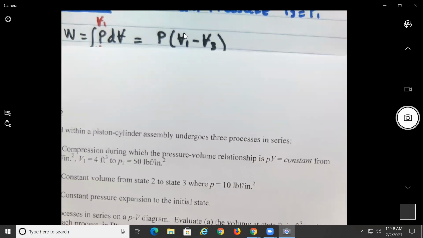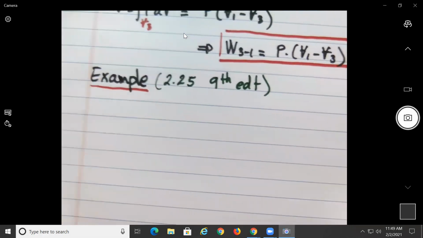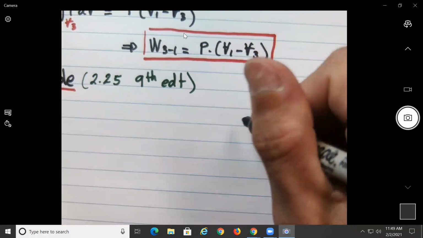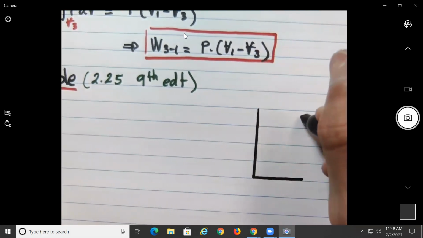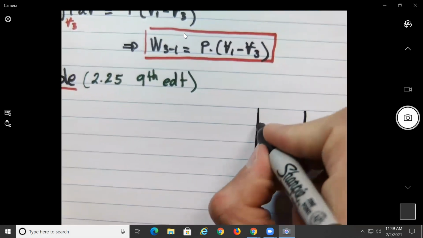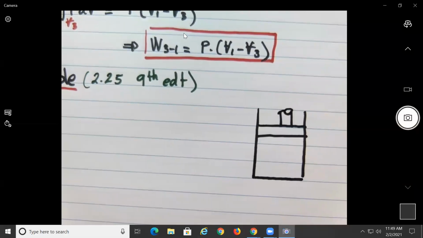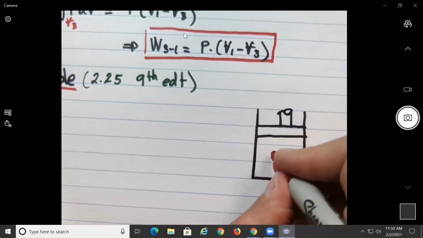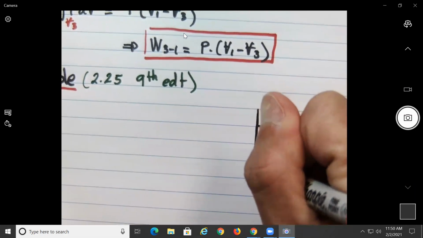As soon as you see the term piston cylinder assembly, what I want you to do is draw a figure of a piston. It's not that important yet, but it will soon get important. And here you have air, meaning that what would be your system?